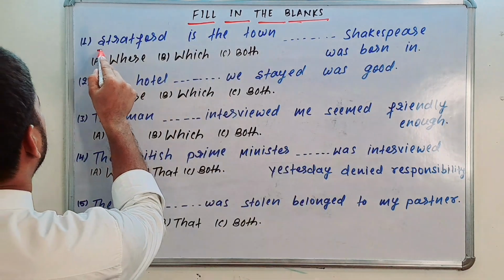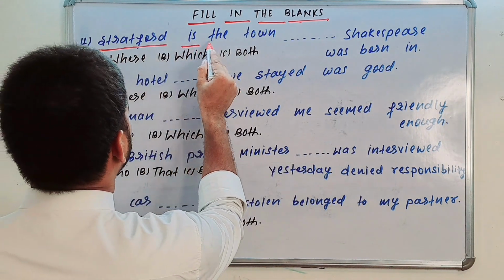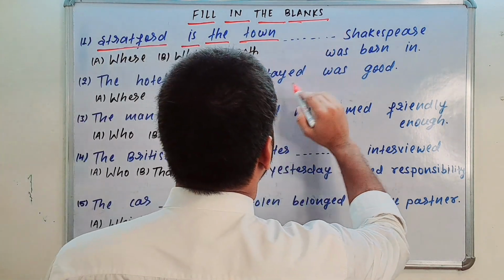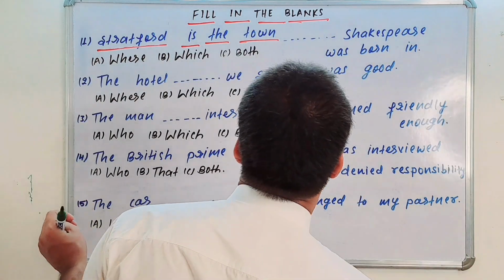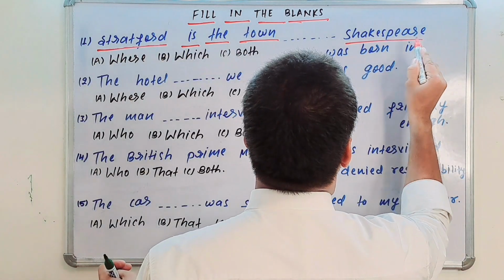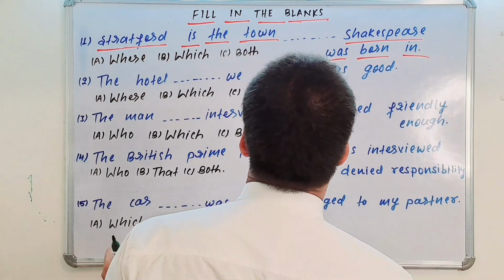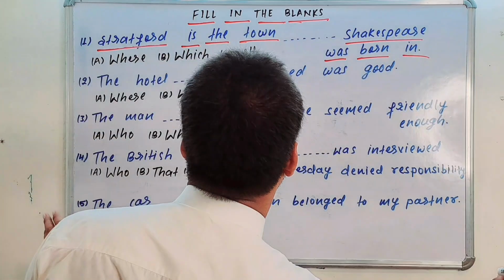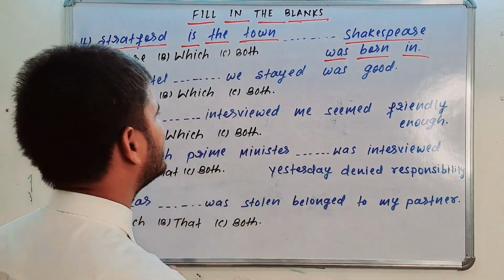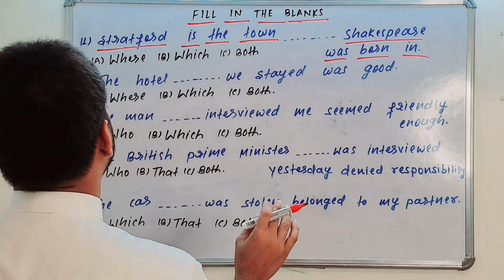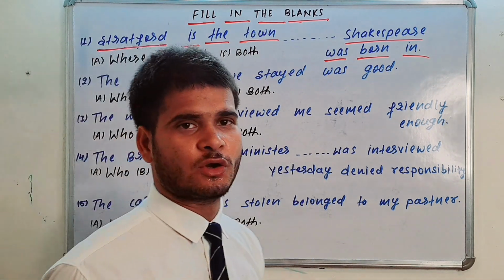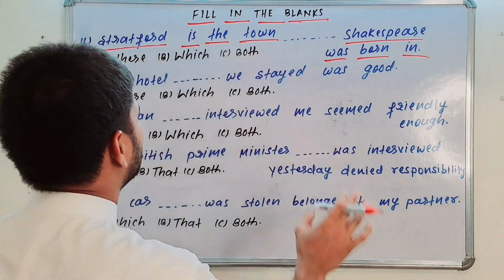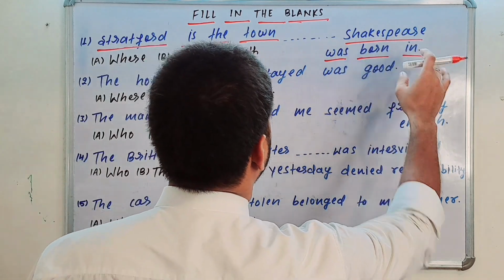Here, see, Stratford is the town that Shakespeare was born in. Don't say where. Listen carefully, the first fill in the blanks, and all these questions are based on relative pronouns, the types of pronouns. Stratford is the town that Shakespeare was born in.